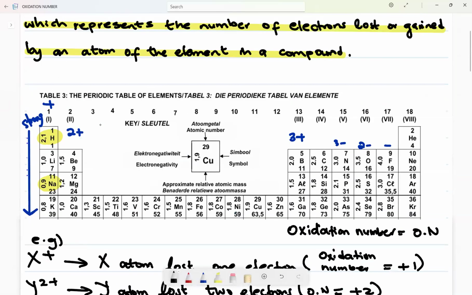What do I mean Na is strong? It has a stronger ability as you go down, the ability to lose an electron is higher.